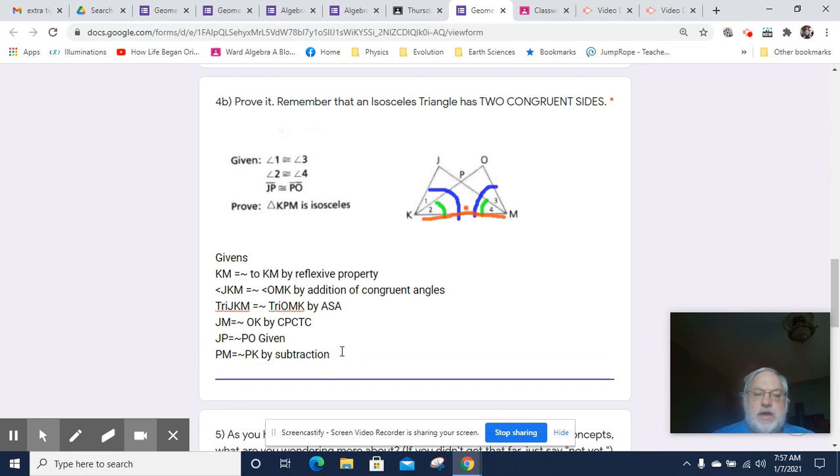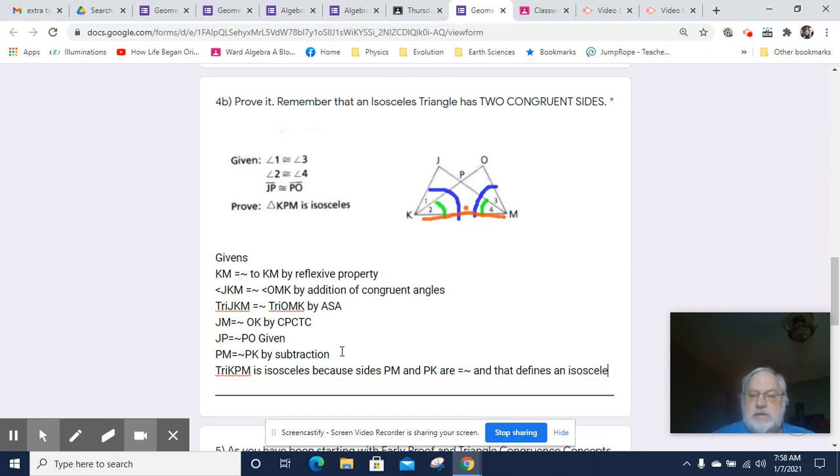Once we know that, we can say triangle KPM is isosceles because sides PM and PK are congruent. And that defines an isosceles triangle.